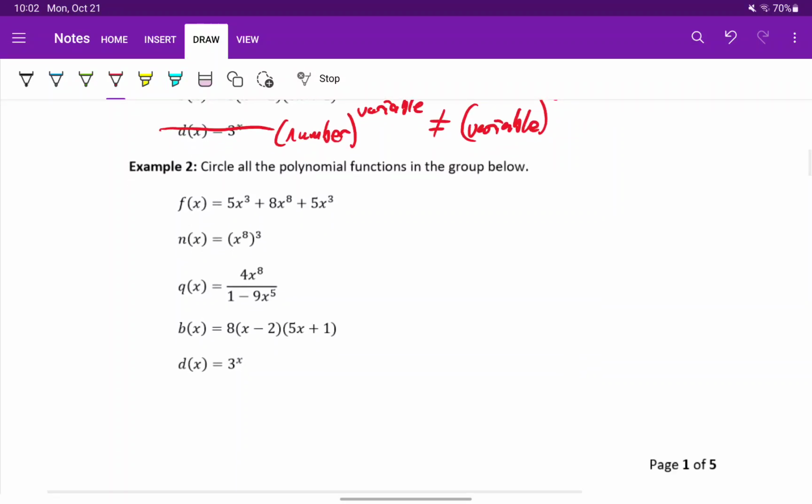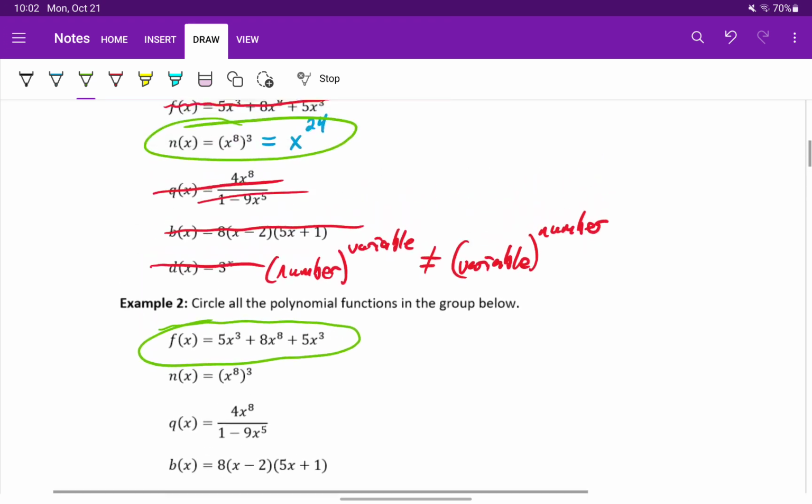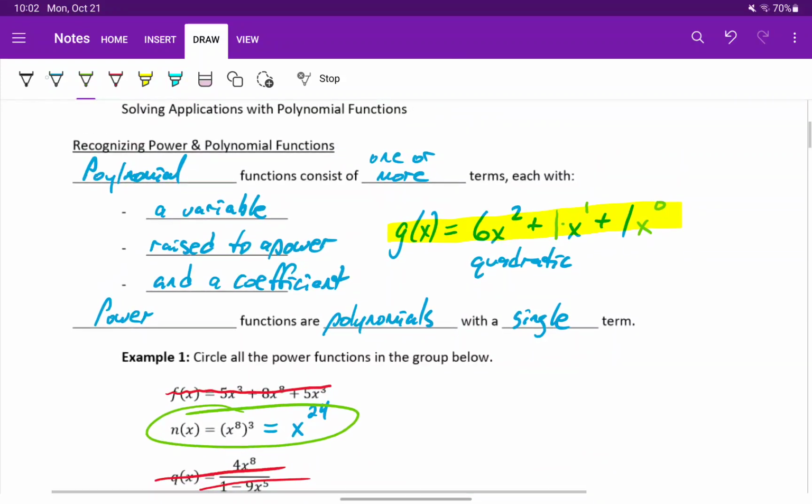In example 2, we want to identify all of the polynomial functions. F of x is a polynomial function because it has one or more terms, each with a variable, an exponent, and a coefficient, which, let me go back and clarify that that variable should be a whole number.